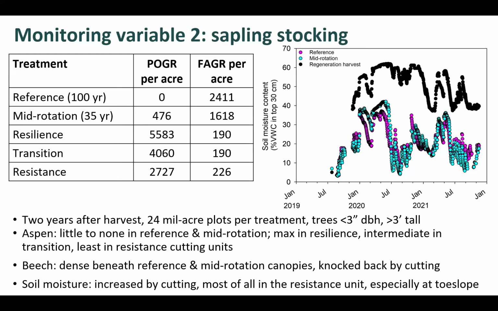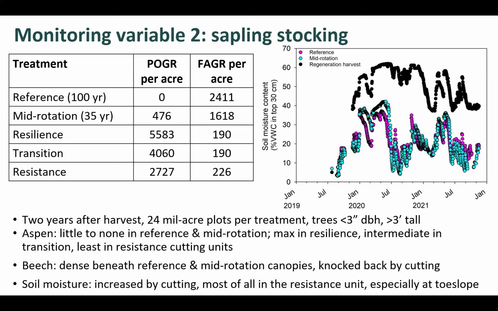These are time series of soil moisture in the top foot of the soil for 3 different weather stations, one in the reference unmanaged area, one in the mid-rotation stand, and one in the regeneration harvest. This was the resistance cutting unit. And before any manipulations happened, these were all basically the same soil conditions.